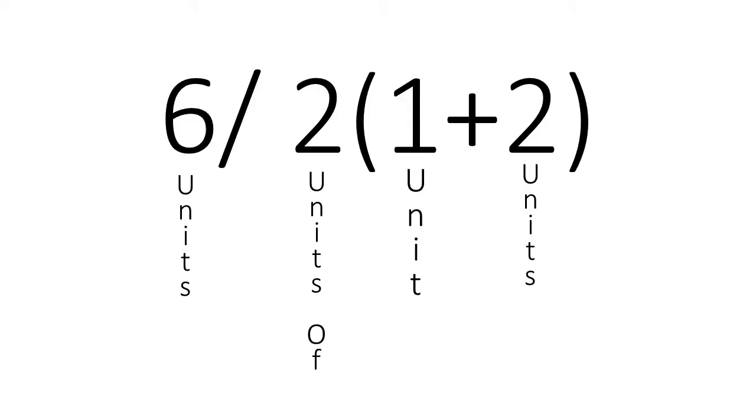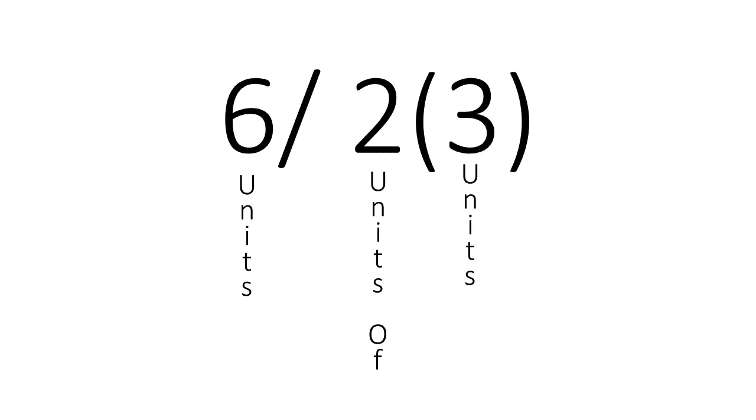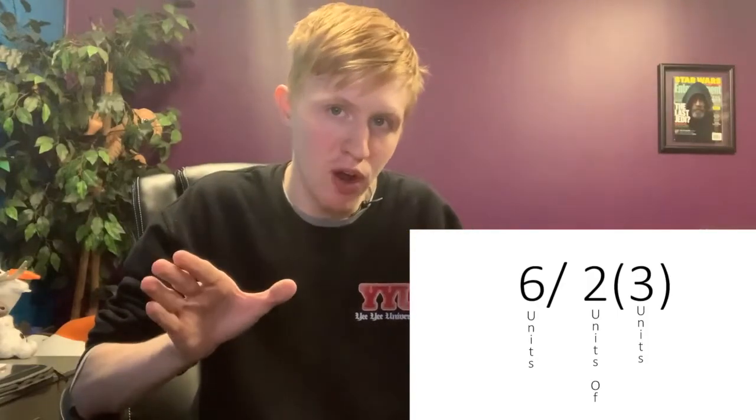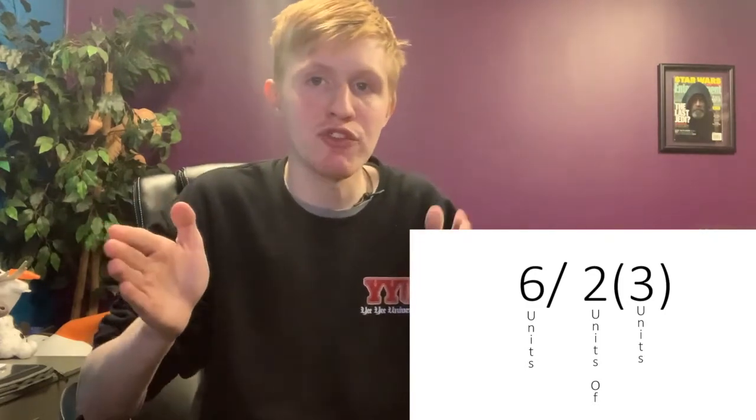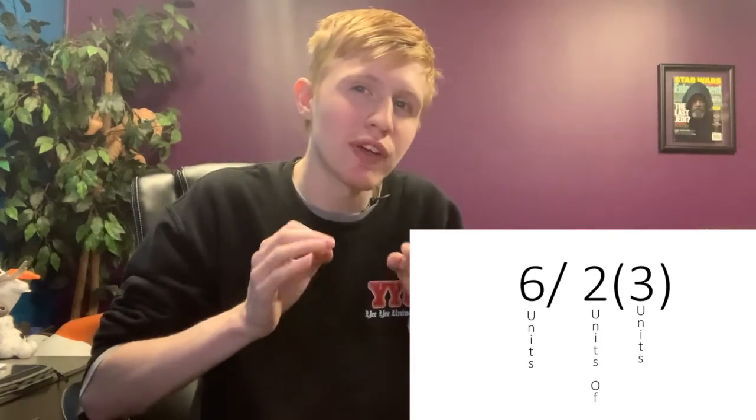Using that interpretation, let's now follow PEMDAS. Inside the parentheses, we have 1 unit plus 2 units, which is 3 units, leaving us now with 6 units divided by 2 units of 3 units. This is where, of course, we come to the crossroads, where either we go left to right, or we go multiplication first and then division. I choose to look at it differently.